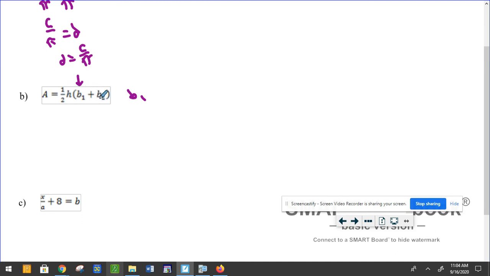So me, I think the easier thing to do would be to get rid of the 1/2 first. How do you get rid of 1/2? You can divide by that fraction, but to me, it's easier to think about multiplying by its reciprocal instead of dividing by 1/2. The reciprocal of 1/2 is 2, so I want to multiply by 2 on both sides.